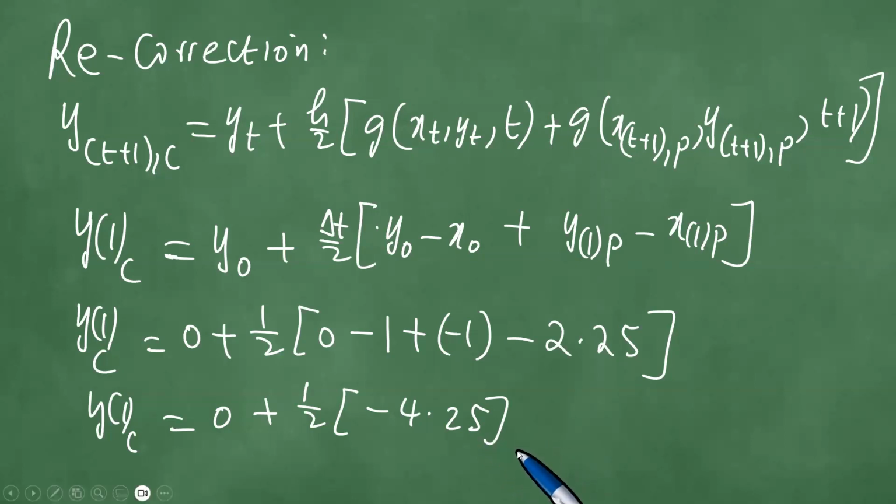Let me just use my calculator here to see what the answer is going to be. So we have 0.5 for just half times 4.25. 0.5 times 4.25.